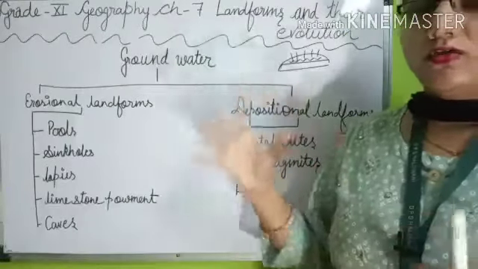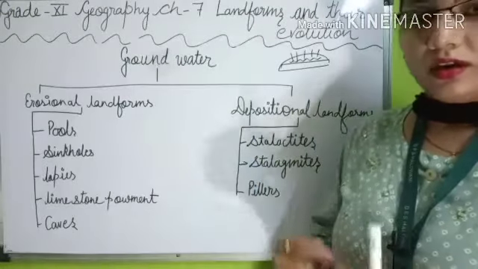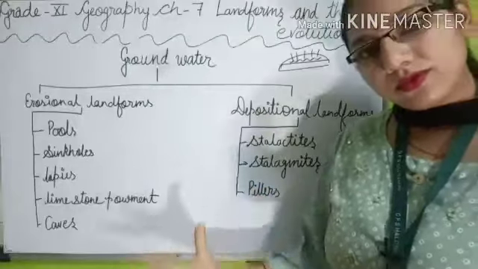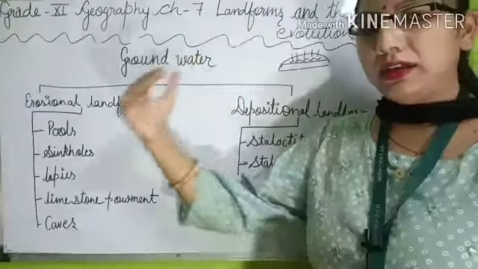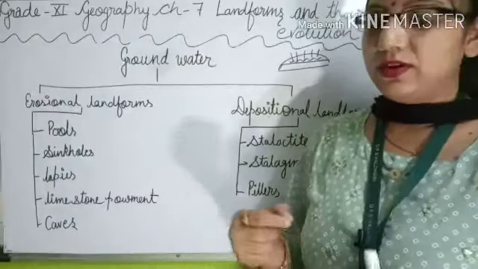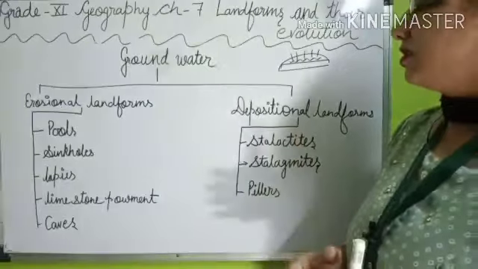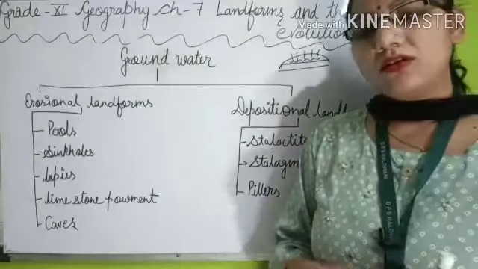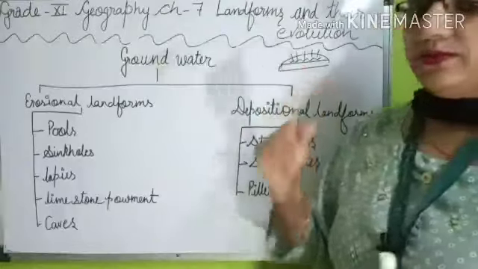Because the groundwater forms different types of landforms in different types of soft rocks, like limestone and dolomite. These rocks are very soft, so the groundwater seeps inside them and forms different kinds of landforms.